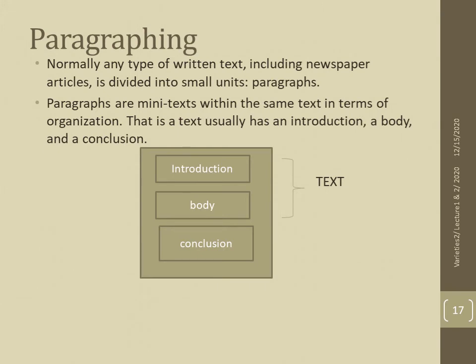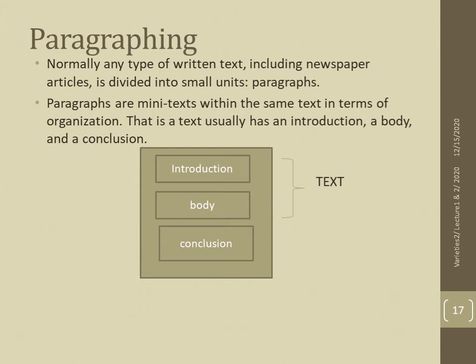Okay, now we will move to the level of paragraphs. You know that normally any type of written text, including newspaper articles, is divided into small units, that is to say paragraphs. If you have a look at figure 1 on page 75, you can see these divisions of paragraphs in every article.